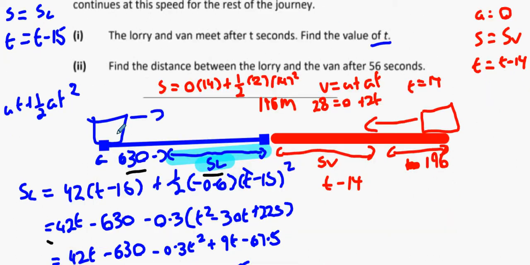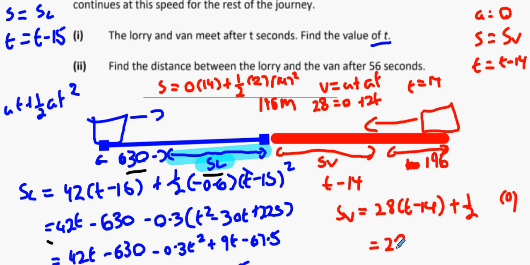So it's just going to be ut plus a half at squared, but the a value is 0, so it's going to be 28 times (t minus 14), and then plus a half a, which is half 0, so it's just going to be 0. So it's going to be 28t, 14 times 28 is minus 392.